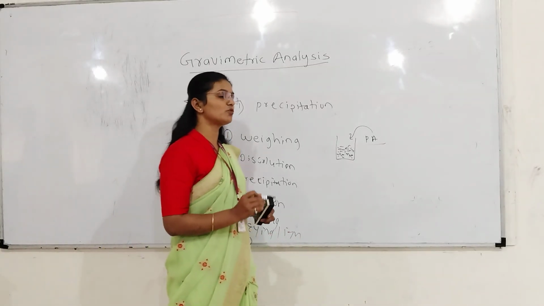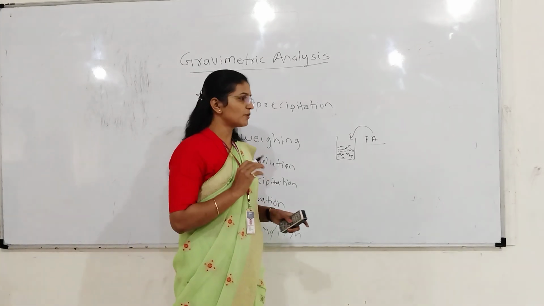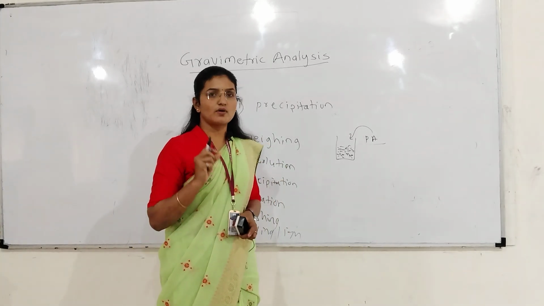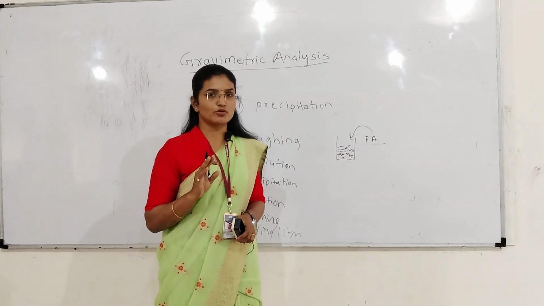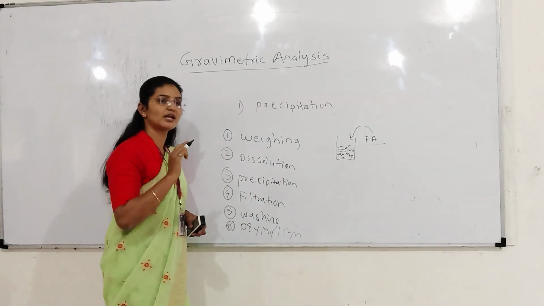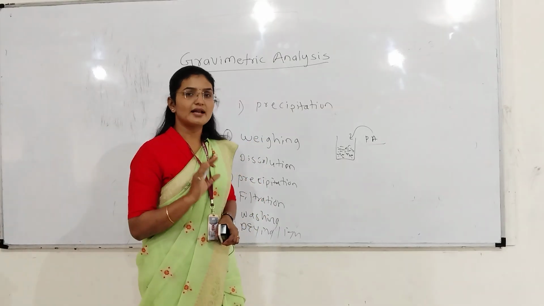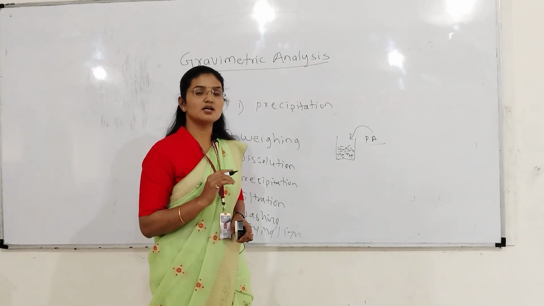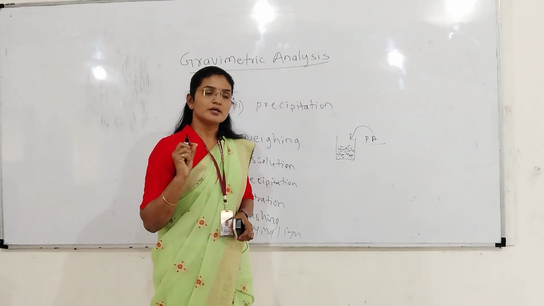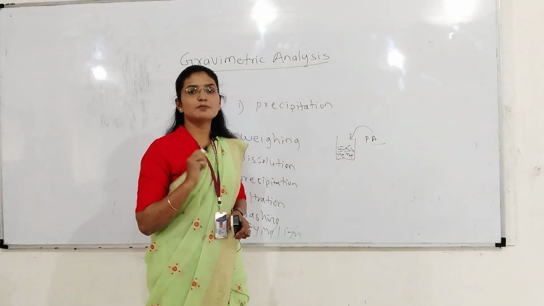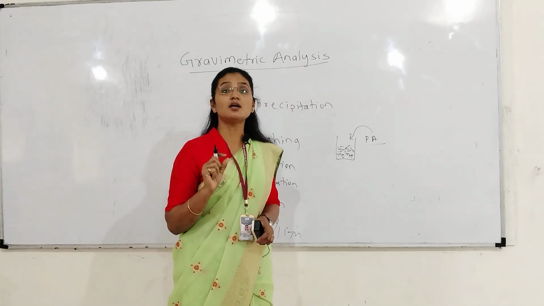Drying or ignition is most important for a more accurate result, because your precipitate contains moisture or solvent in some amount, and so there may be chances of inaccuracy in your result. For that purpose, you have to dry your precipitate to remove all the moisture or water content. You can dry your precipitate in an oven at a temperature of 105 to 110 degrees Celsius; time and temperature depend on the type of your sample.